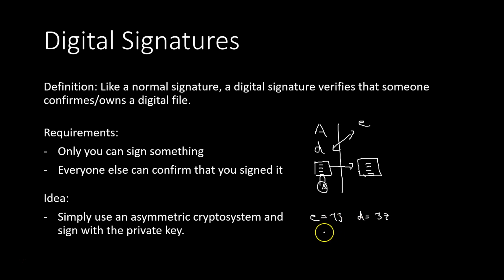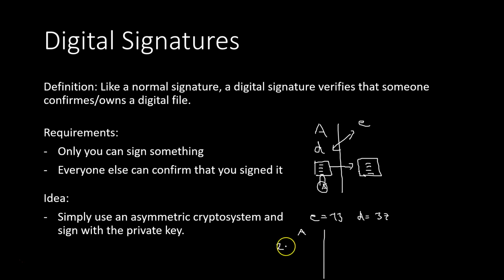So now Alice plays a guessing game. She has to guess a number between 1 and 10, and if she guesses right, she gets some reward. So she needs to somehow sign her guess so that everyone here in the pool knows what she actually guessed. So she's guessing 2.